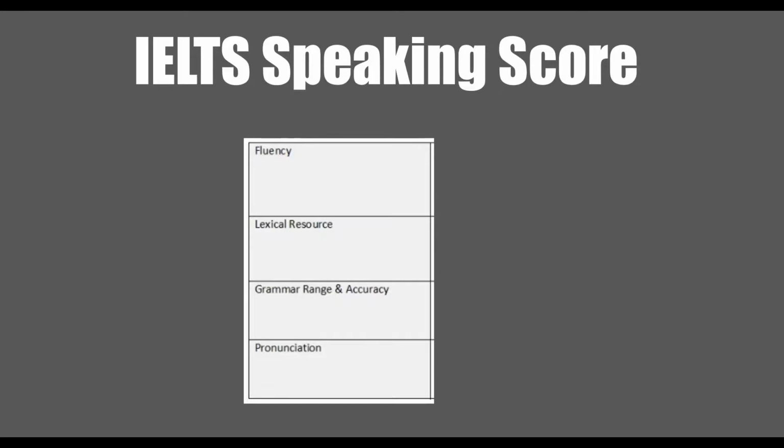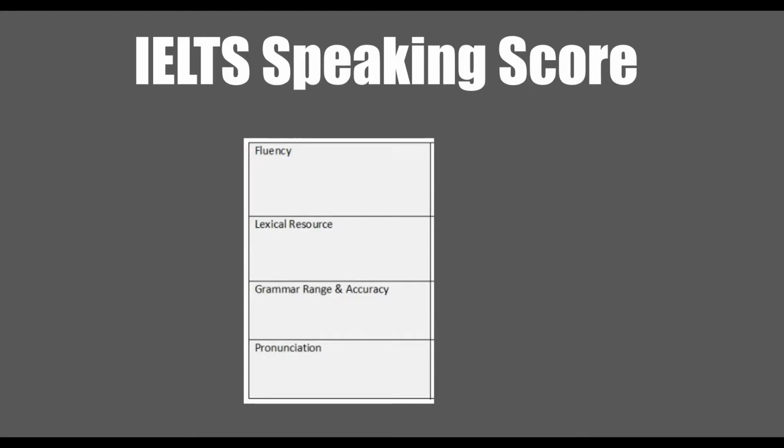IELTS speaking score. Here you can see the examiner asks you 3 parts of questions. In the first part, the examiner asks you some relevant questions about yourself. Then in part 2, they provide you a cue card with a selected topic, such as traveling.